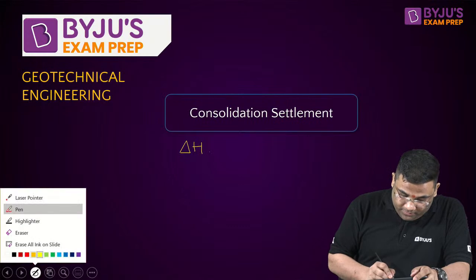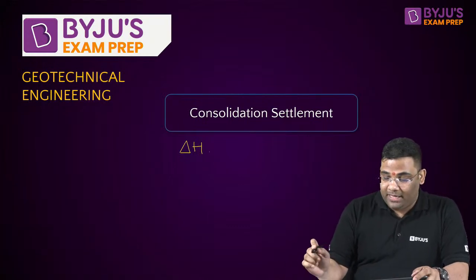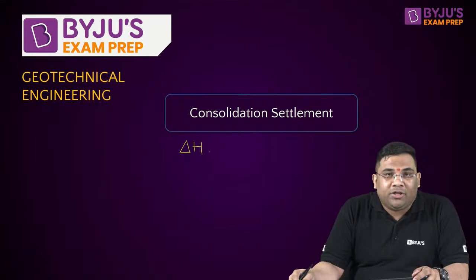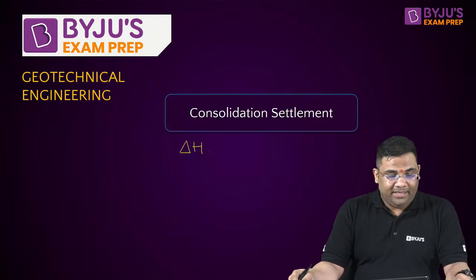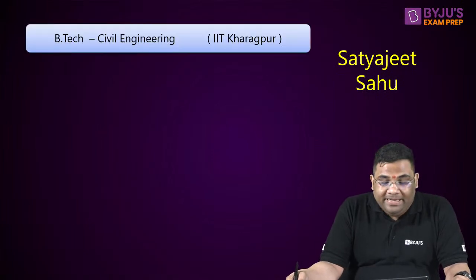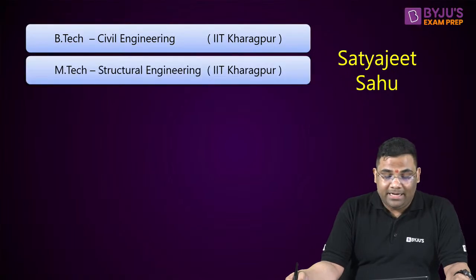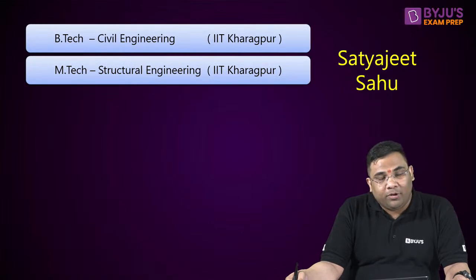So first of all, before going into this delta H, let us have a short introduction of me. My name is Satyajeet Sahu. I have done my BTech in civil engineering from IIT Kharagpur, and then I have done my masters in structural engineering from IIT Kharagpur only.